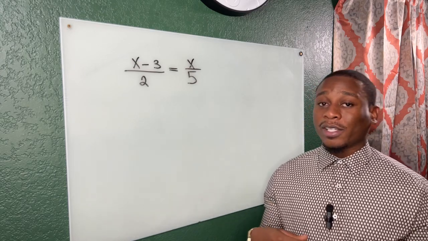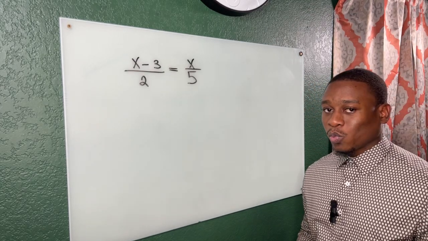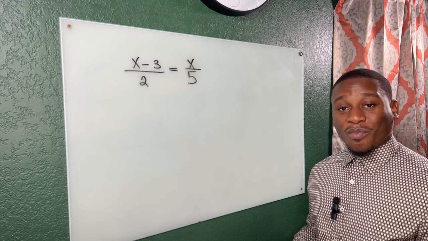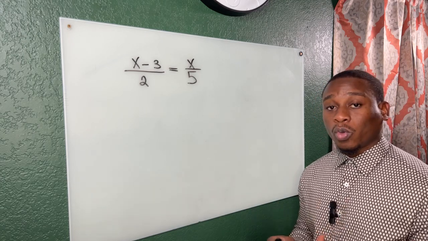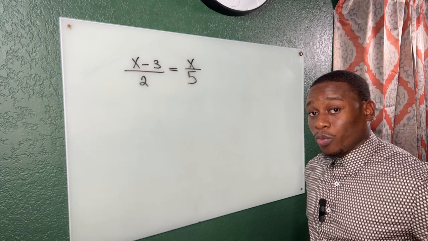I did a problem like this in one of our SAT videos, but I wanted to make sure that I showed it with you guys as well. So even when they have more than one x, guys, the rules, the steps are still the same. This is just them trying to trick you, okay?